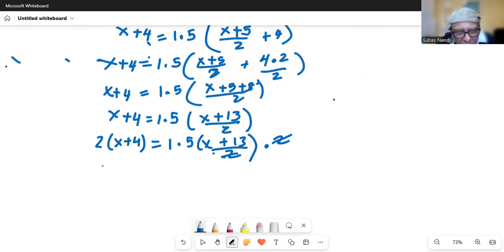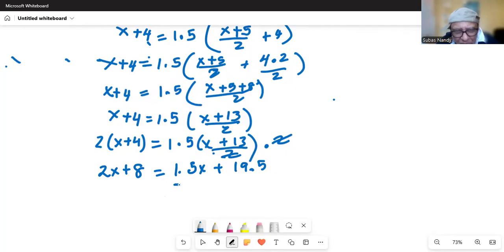So we have 2x, distributing the 2, plus 8 is equal to 1.5x plus 13 times 1.5, which is 19.5. I use my calculator to do that.